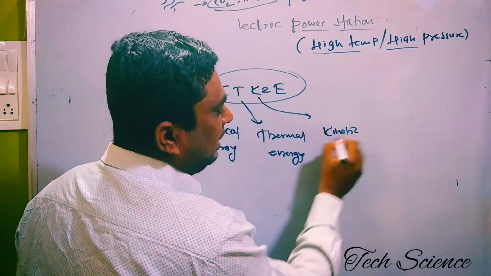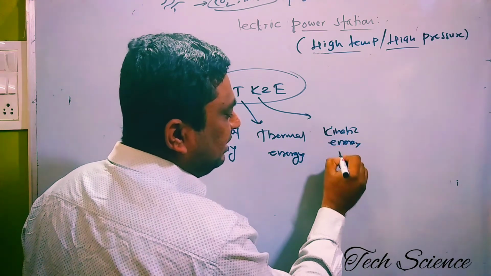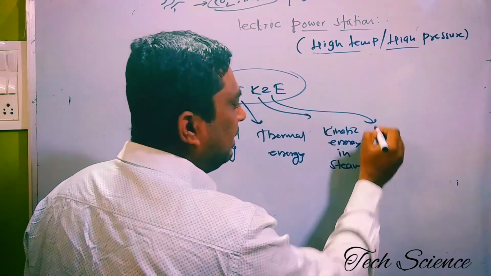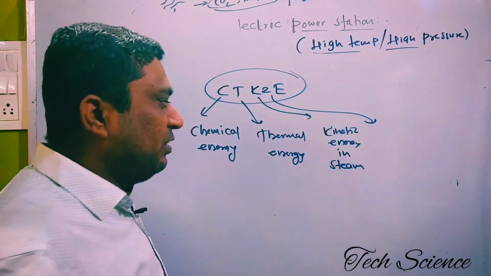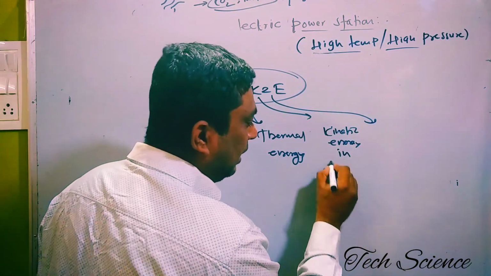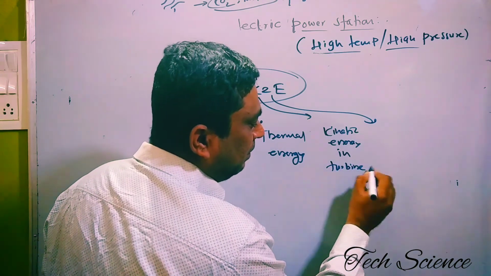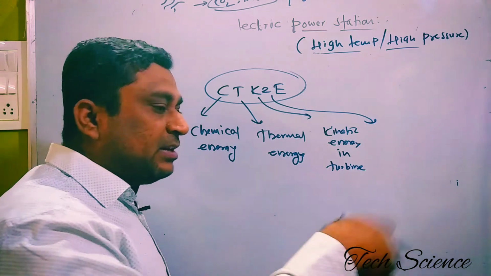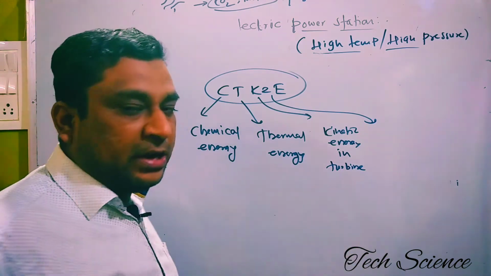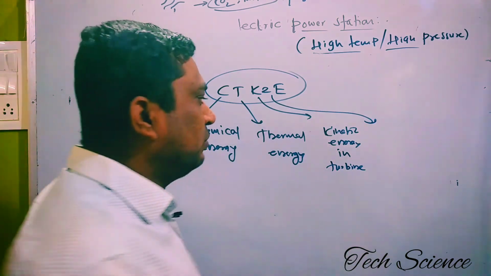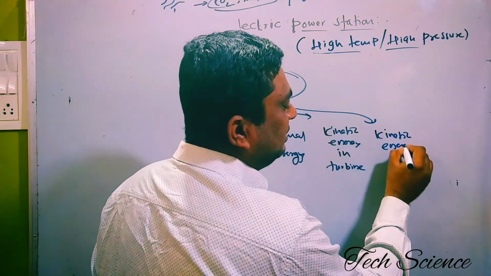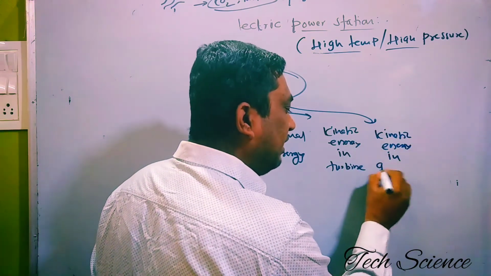This K is the kinetic energy present in the steam, and this kinetic energy falls on the turbine. After that it gets converted: the turbine starts rotating, and when the turbine starts rotating, the generator automatically starts rotating. So the second type of energy is the kinetic energy in the generator.